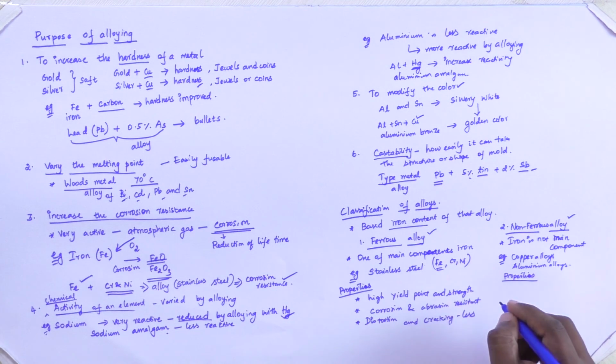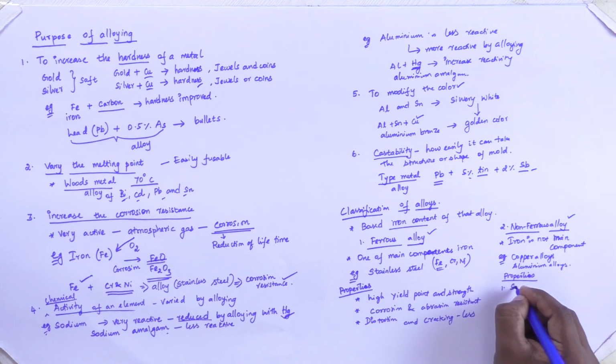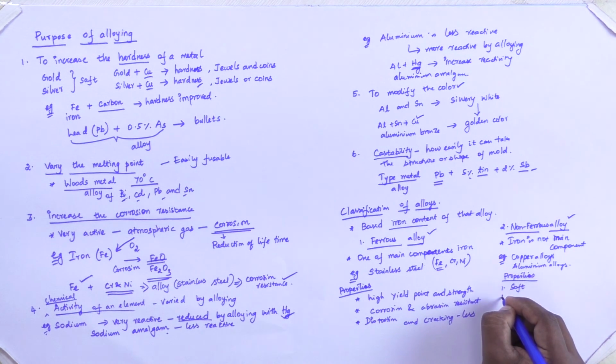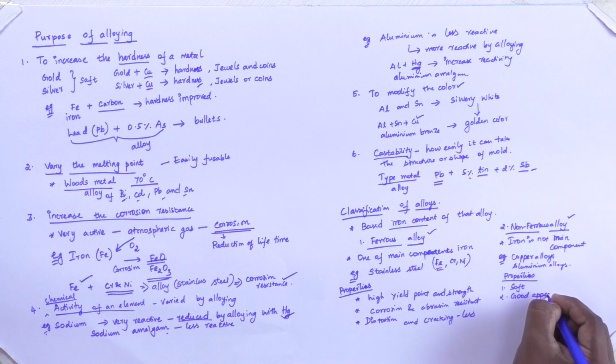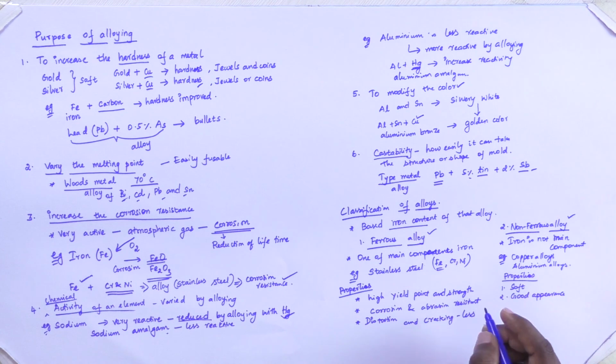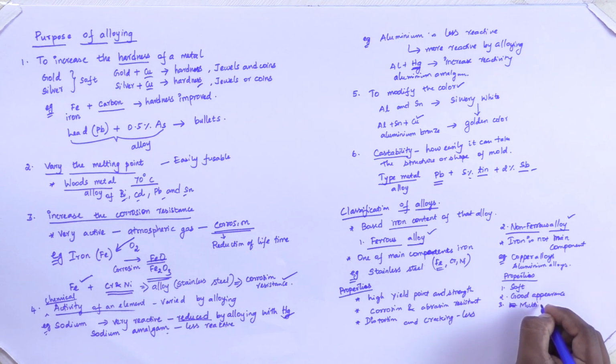In the case of non-ferrous alloys, the important properties are that usually they are soft and have a good appearance, and high, or we can say, multi-temperature adaptability, which means they can adapt to different temperature ranges.